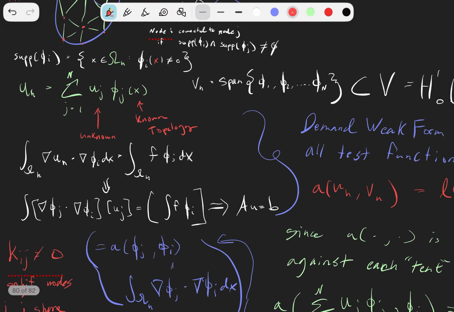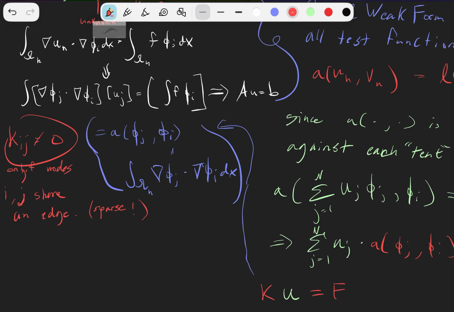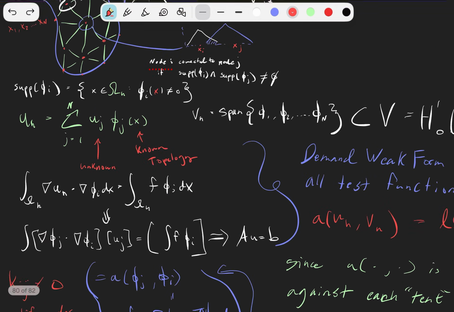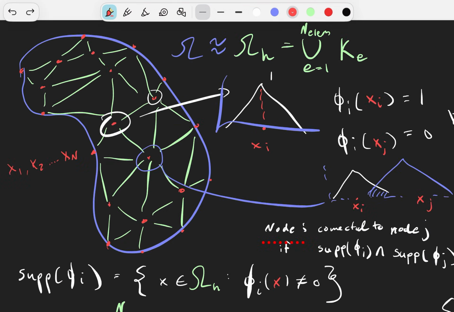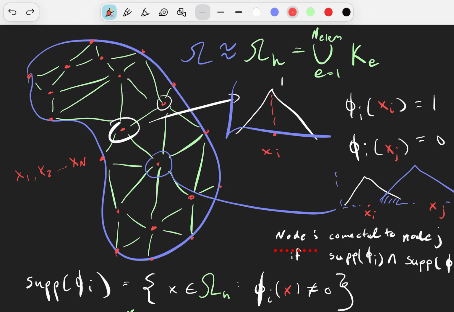But again, this coupling, if you will, that's what's physically happening. It's cataloging the energy coupling between every single pair of nodes. That's what the stiffness matrix is doing, and it's not 0 only if they share an edge. Okay? That's really cool.